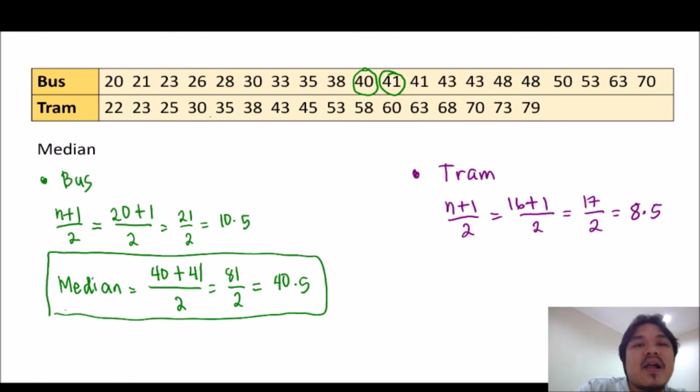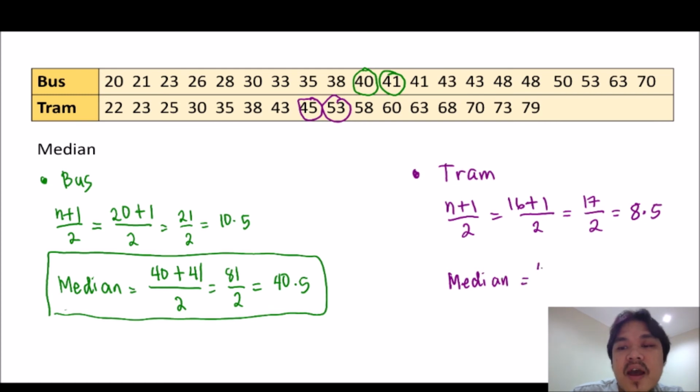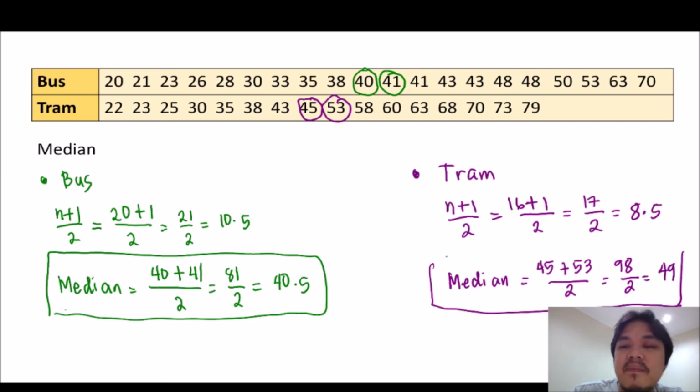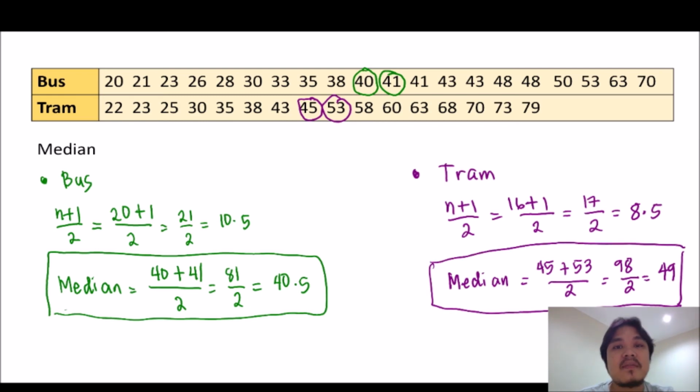The 8th value in our data is 45 and the 9th value is 53. So the median is 45 plus 53 divided by 2, which is 98 over 2 or 49. So the median for the tram data is 49.